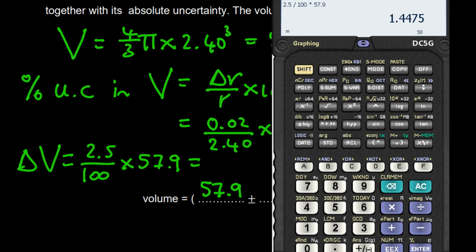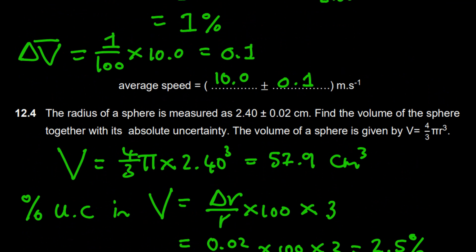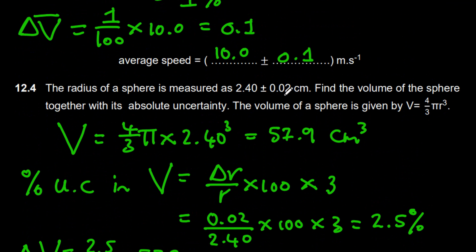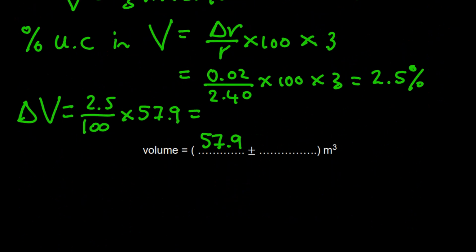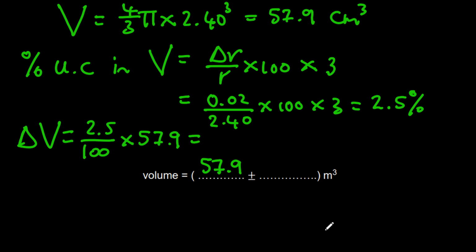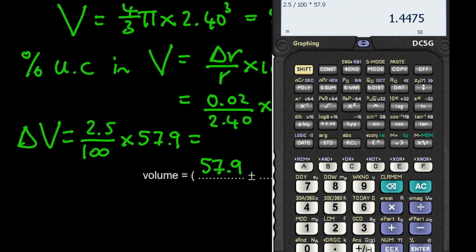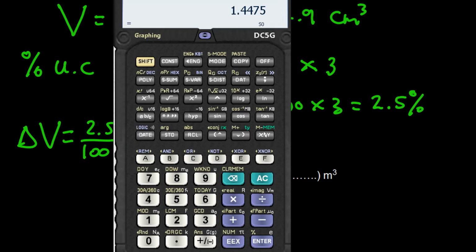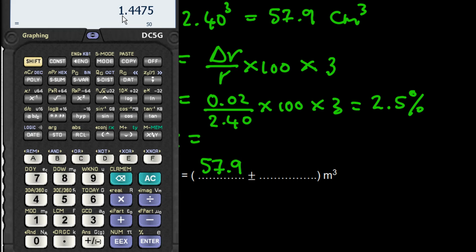Now, we need to look at the number of significant figures given in the data that we used. Here we only have one significant figure for the absolute uncertainty in R. So our answer here must also be with one significant figure. So it's simply going to be 1 then.